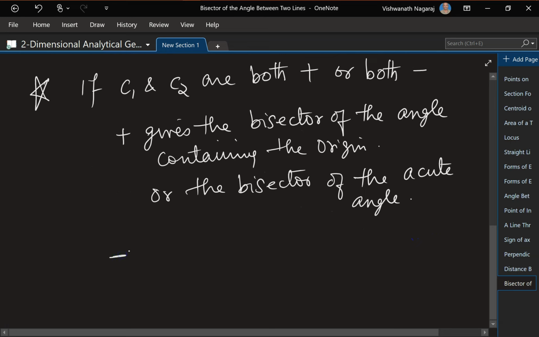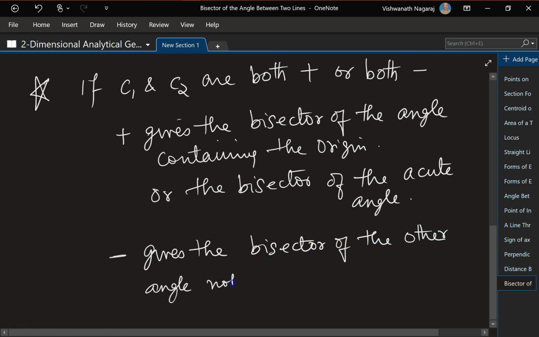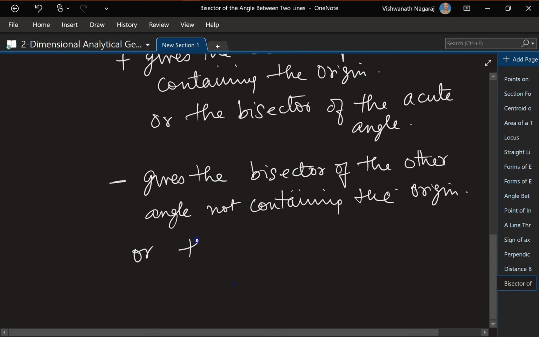Now the minus gives the bisector of the other angle not containing the origin, or a better way of looking at it, the bisector of the obtuse angle.